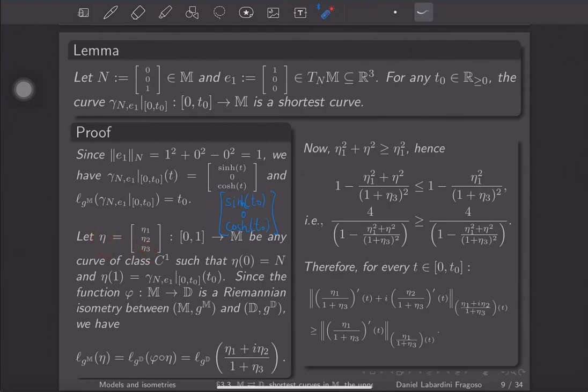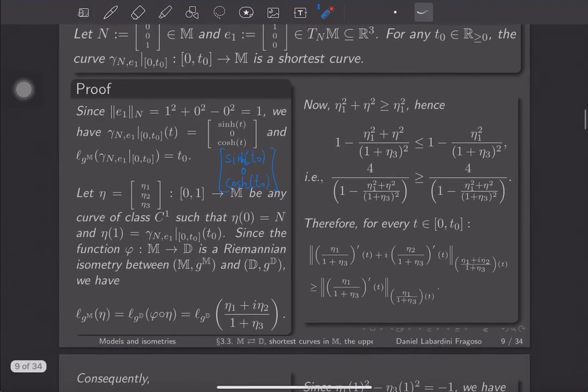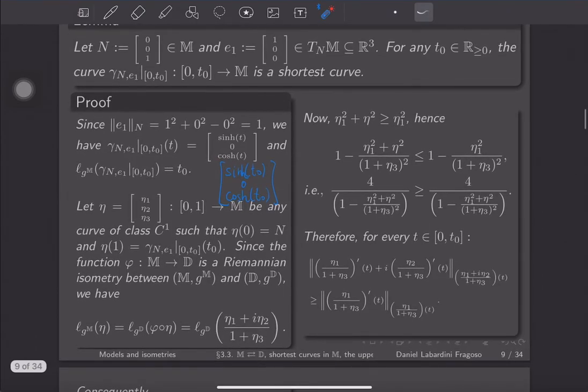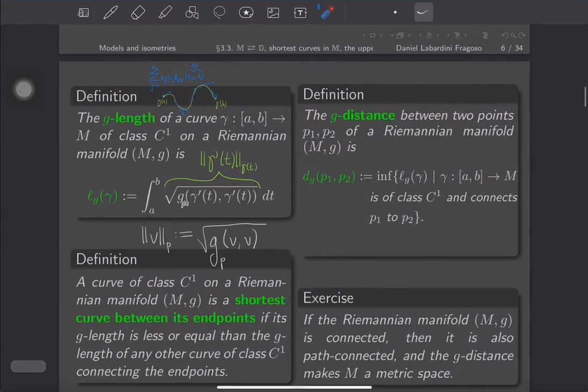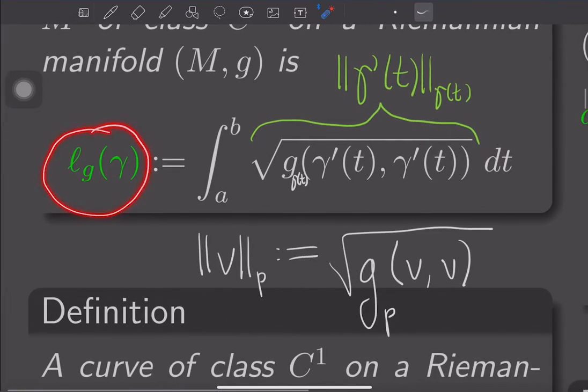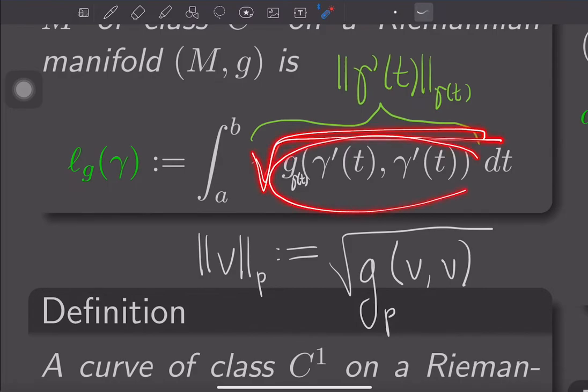Okay, and now I use the fact that I know that phi, the stereographic projection from M to D, is a Riemannian isometry. Since it's a Riemannian isometry, let me go back to the definition of length. The definition of length is given by integrating the square root of this inner product.